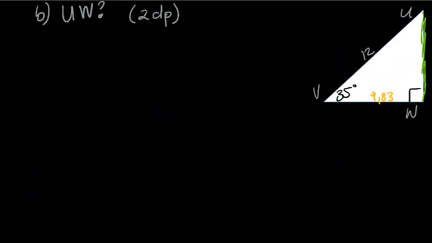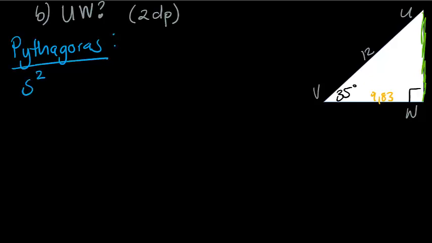Your other option is, because you have 2 sides, you can use Pythagoras. According to Pythagoras, if you have a 90 degrees angle, then you are able to use the rule of Pythagoras. Pythagoras says side squared plus side squared is equal to hypotenuse squared.